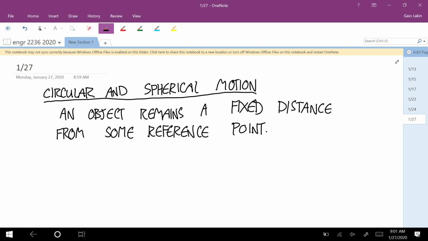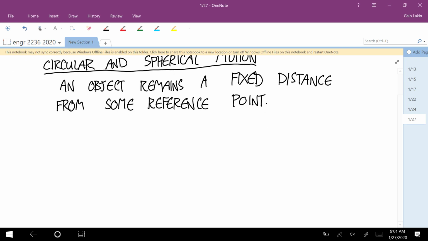The difference between circular and spherical is if the object is confined to a plane, then the motion is confined to a circle around that reference point.